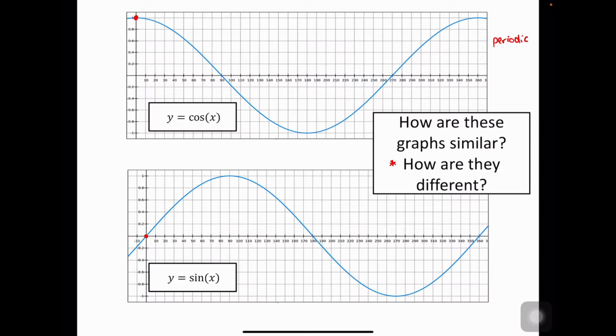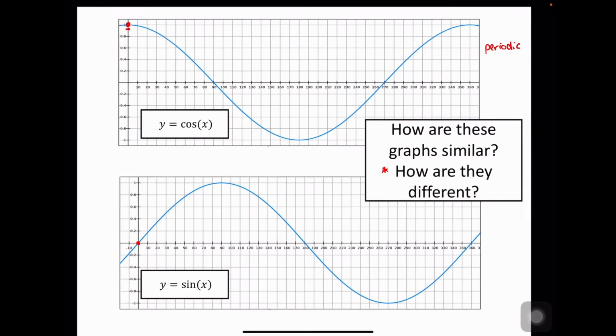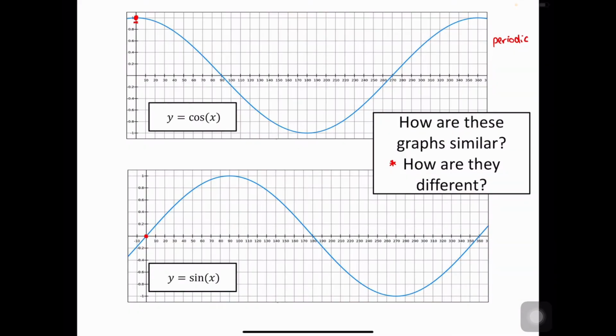For example, for cos x, the period starts here at that 1, and a period lasts for 360 degrees, and here our end point is, we're back to the point which we started with.